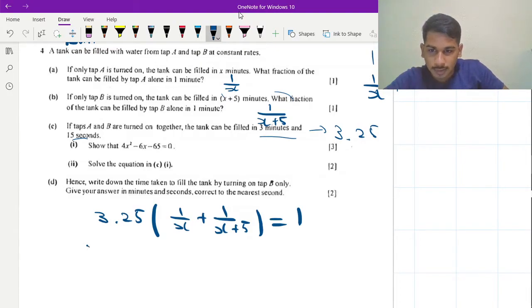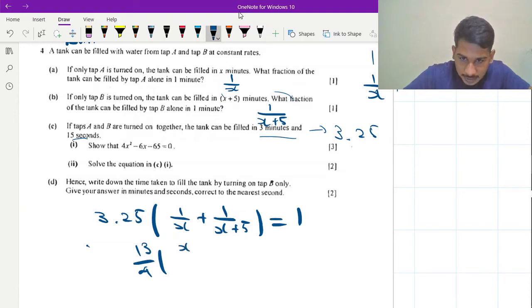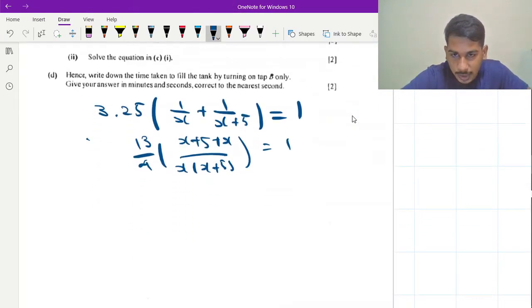I want to change it into a proper fraction. 3.25 is 13 over 4. And this is X plus 5 plus X over X times X plus 5 equal to 1. I could change it into 2x plus 5 over x squared plus 5x is equal to 4 over 13.